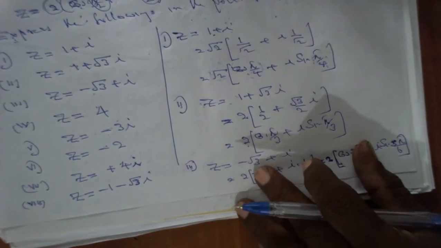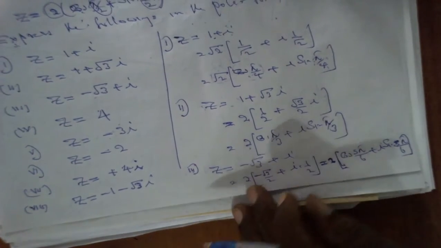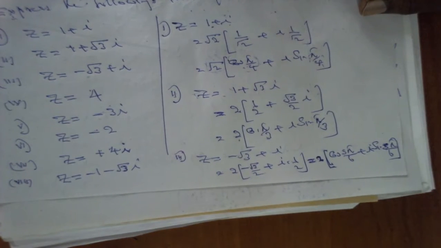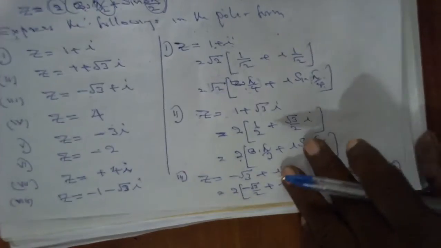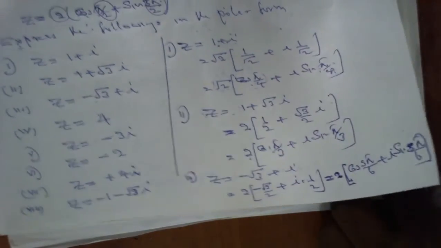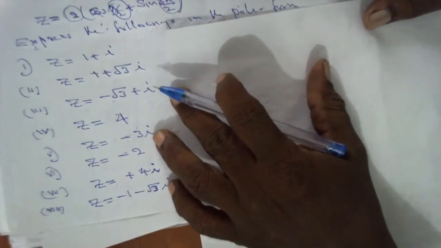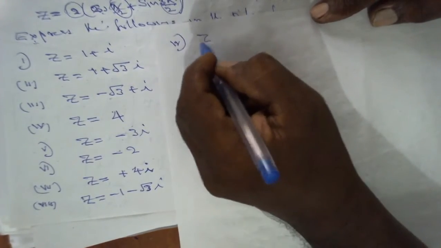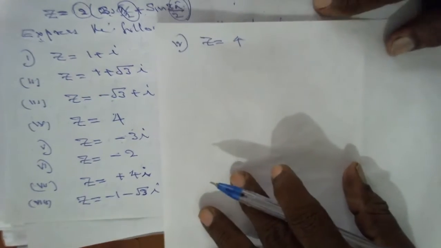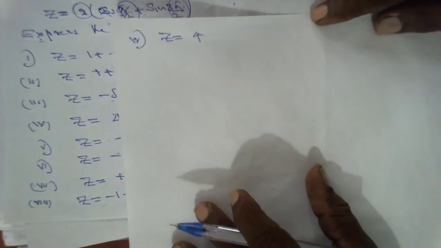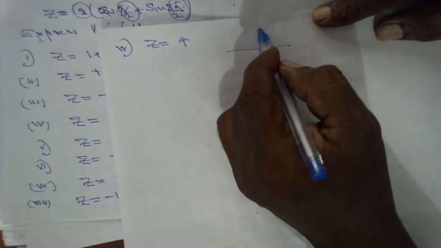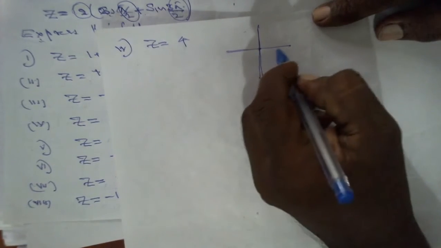Then the fourth one. Can you tell me the polar form of the fourth? 4 is a complex number. C equals 4. If you set it in the complex plane, very easily you can tell the amplitude.